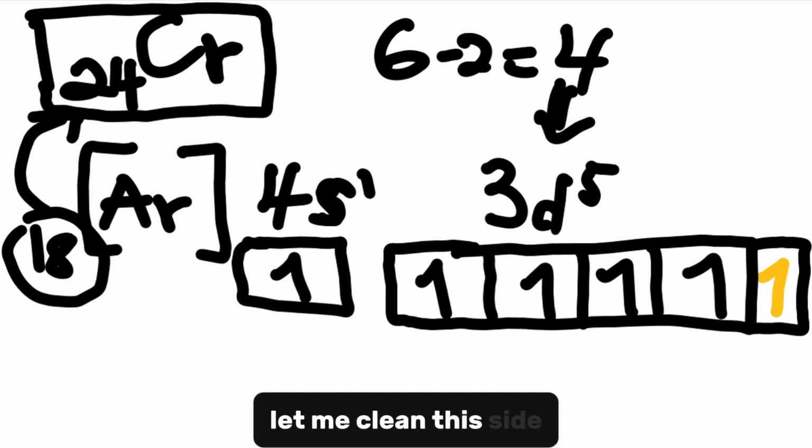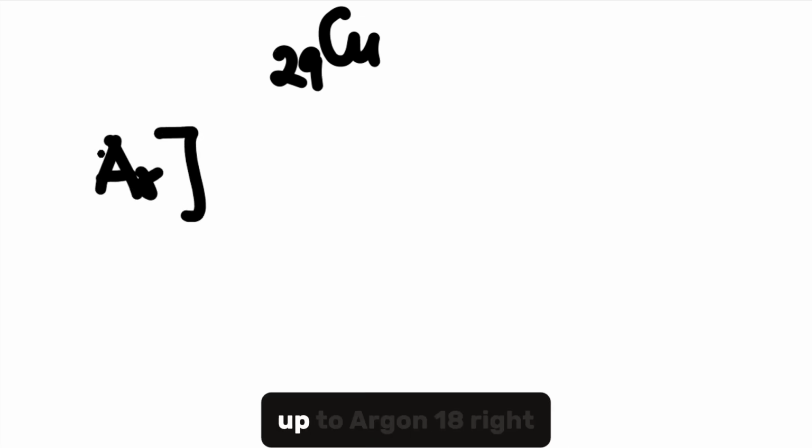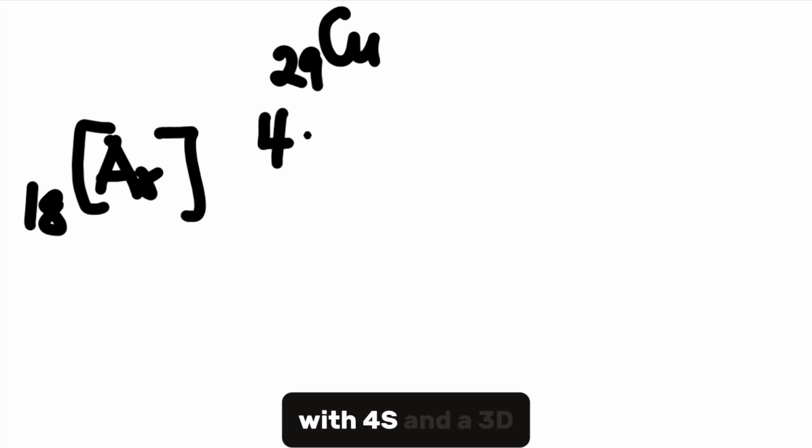Let me clean this side. The next one is going to be copper. So copper is 29 basically. So if we assume that you fill up to argon, 18, you will now be left with 4s and the 3d.